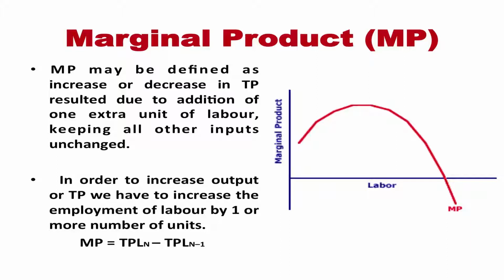The smallest number by which labor can be increased is, of course, 1. Since marginal means very small, accordingly we can say that MP is the output contributed by the last unit of labor. Hence, the equation for MP becomes MP equals TP from L minus TP from L minus 1 units.